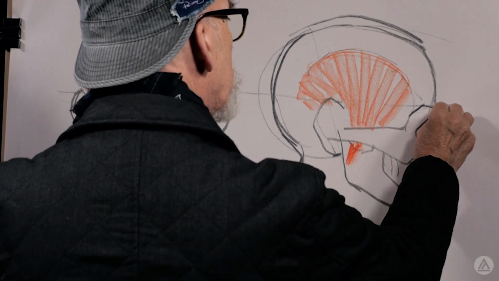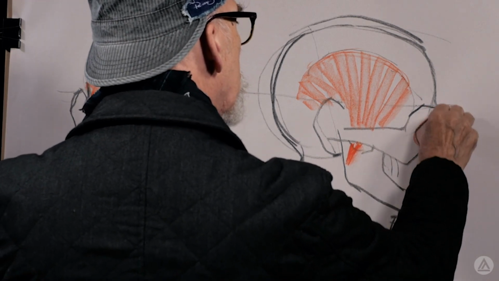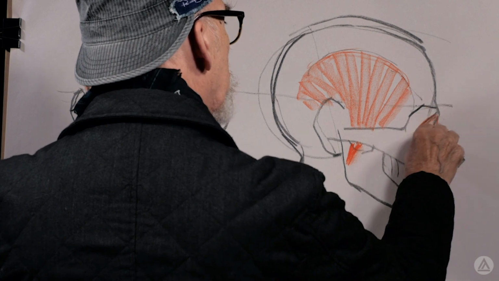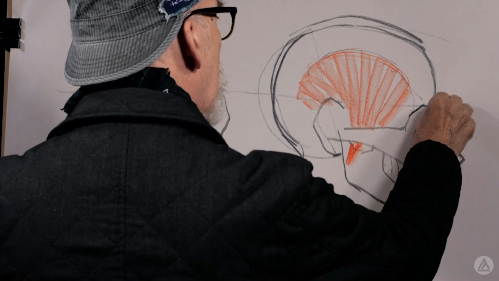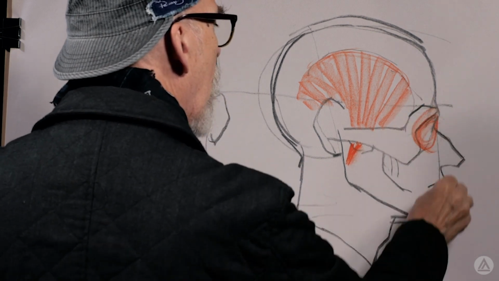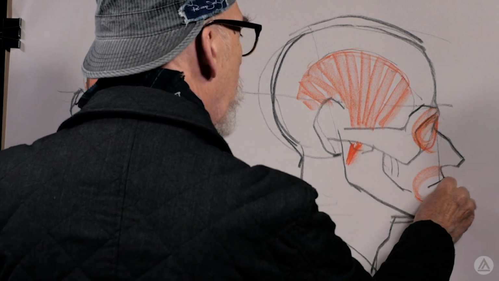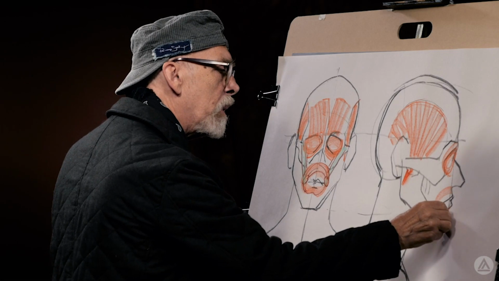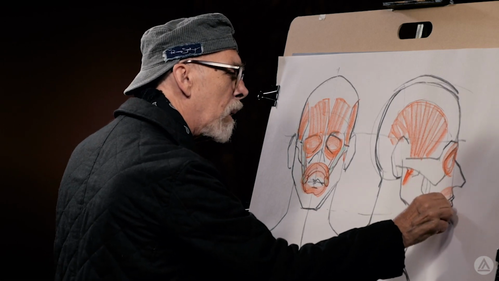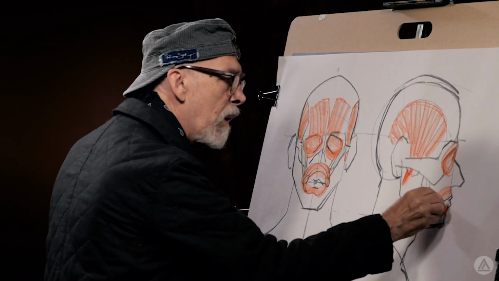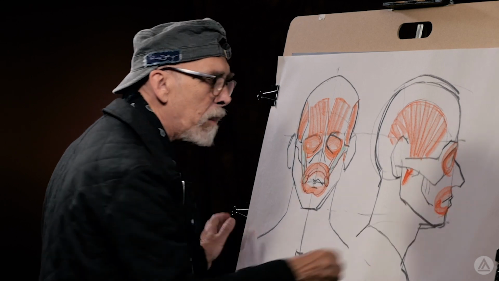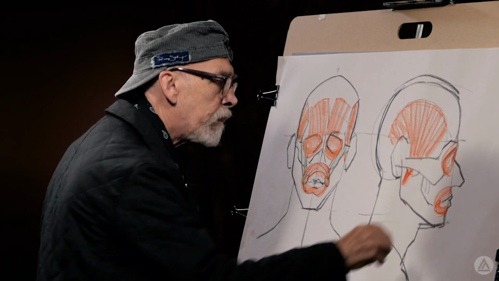And I forgot to do this to the side. So there is orbicularis around the eye, the oculi, and the one around the mouth, coming right up underneath the lip. And the little node happens right on the corner.